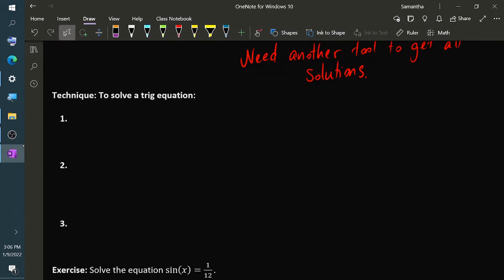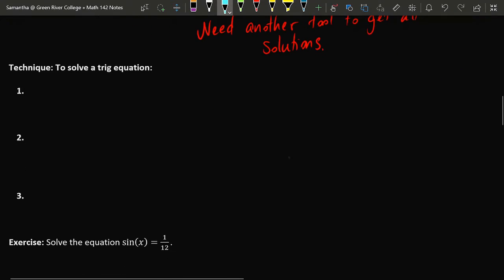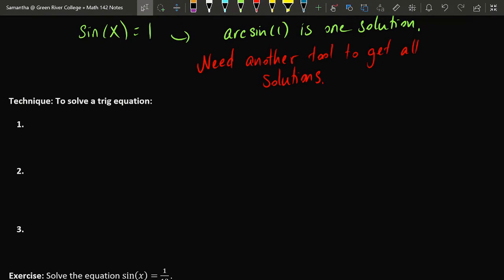So, to solve an equation that has a trig function in it, for example, something like sine of x equals 1, what technique do we use? First of all, if necessary, isolate the trig function.